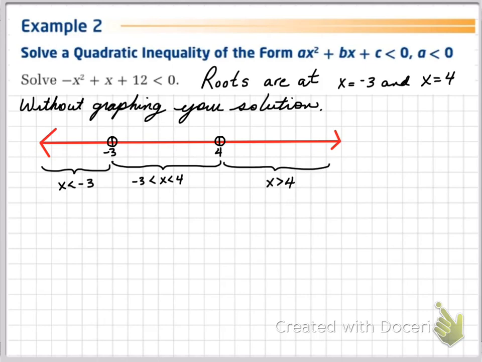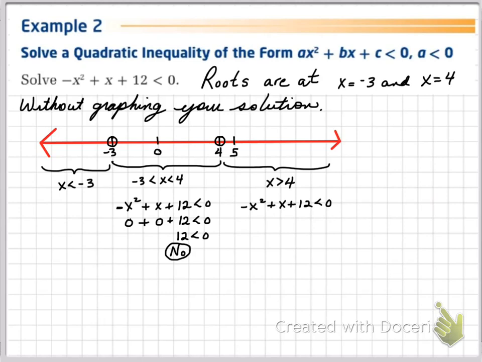So let's try our test point again. Again, my favorite one is 0. It always works so nicely in an equation. So -x squared plus x plus 12 is less than 0. 0 plus 0 plus 12 is less than 0? Nope. So that's not part of our solution. Let's take 5. We get negative 5 squared, which is -25, plus 17, is less than 0.